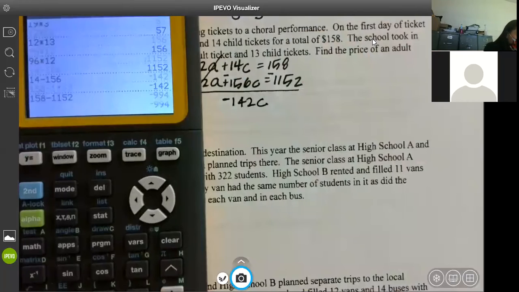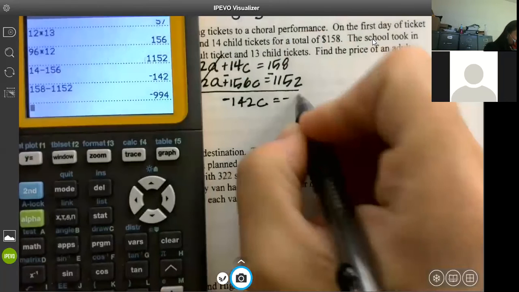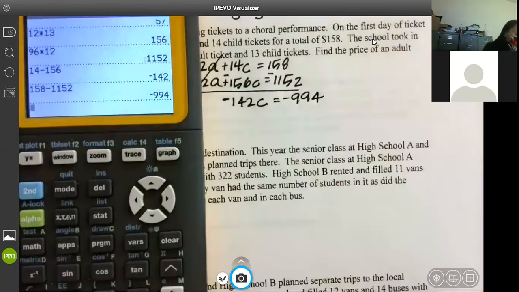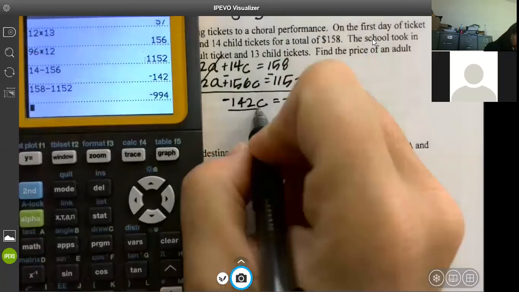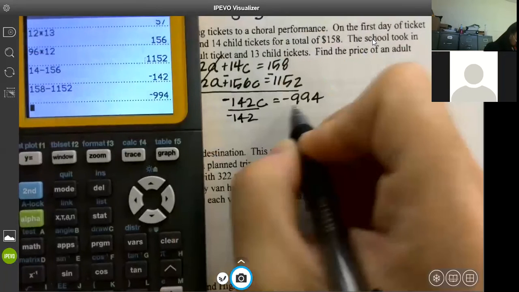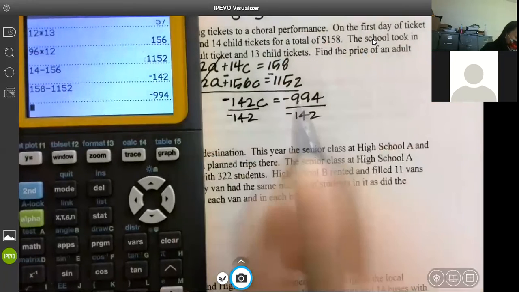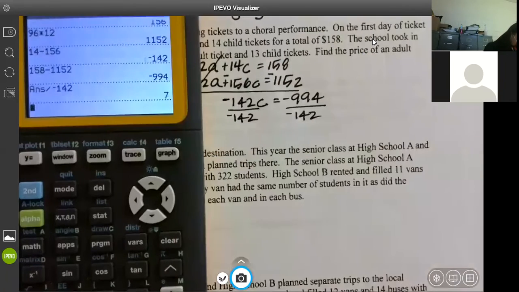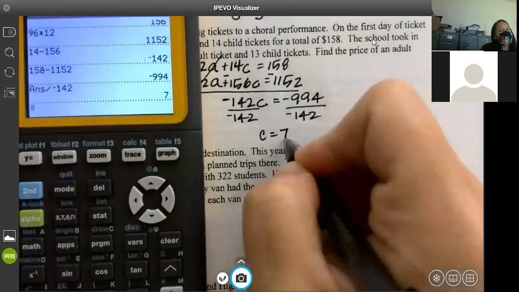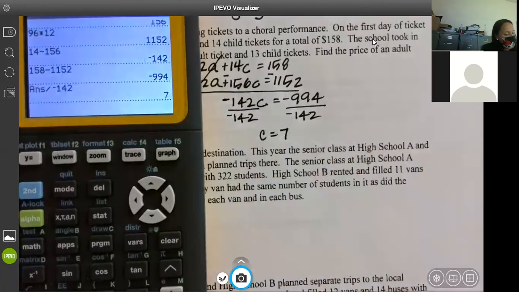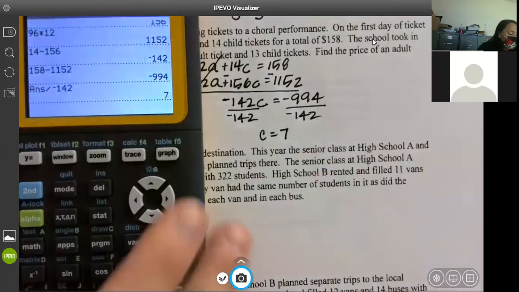I get. How do I solve? Divide by negative 142. And I get? So what's that mean? A child ticket is 7.